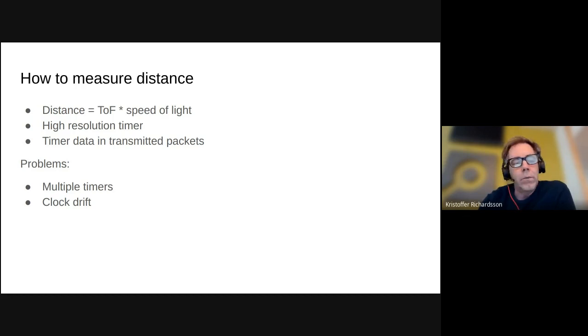To make it slightly more complex, they also change the speed over time, because the chip becomes warm, for instance, and then the speed changes a bit. So this is something that we handle, and that we're going to talk a little bit more about later on.